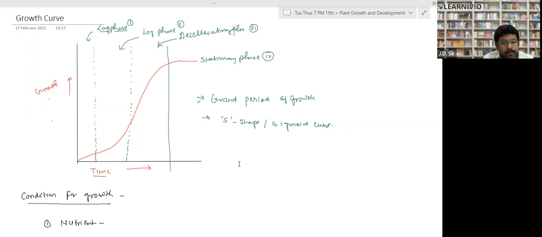In growth curve, within this heading, start noting now. It is the definition of growth curve. It is the graphical representation of total growth against time.